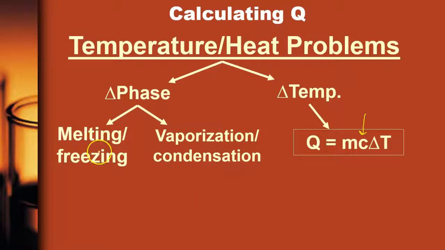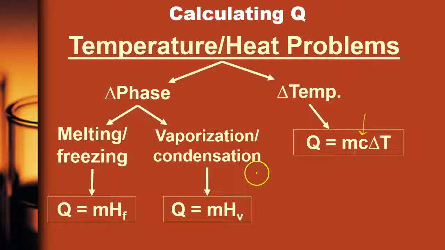If it's melting or freezing, the equation is Q equals mHf. We're using the heat of fusion for this problem. So again, no specific heat here for the phase change problems. If it's vaporization or condensation, it's Q equals mHv, Hv for vaporization. And again, both of those are in the chart.